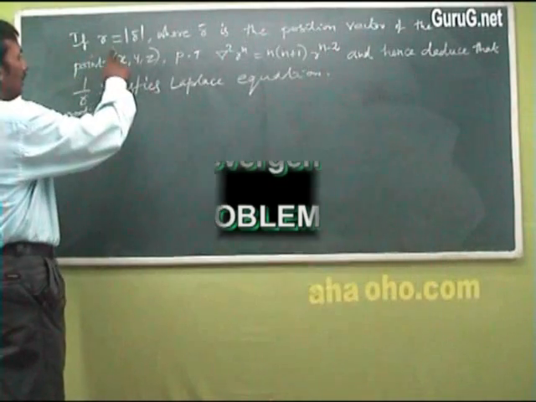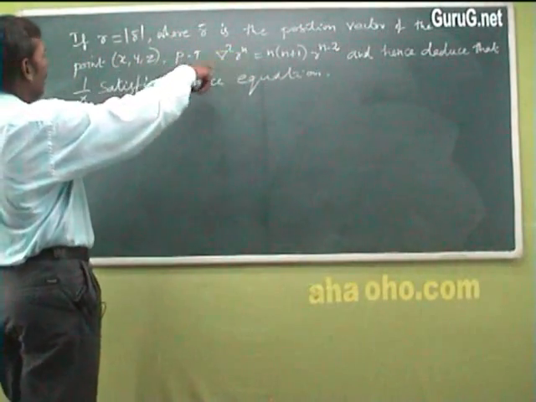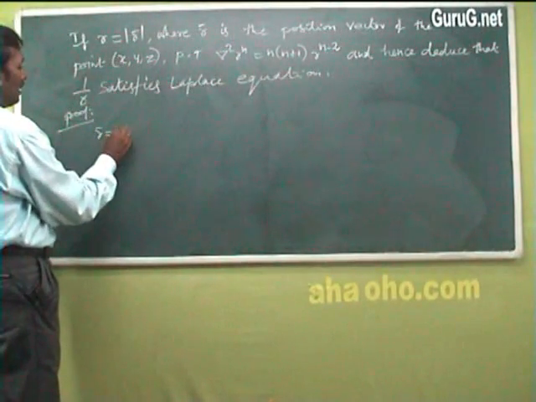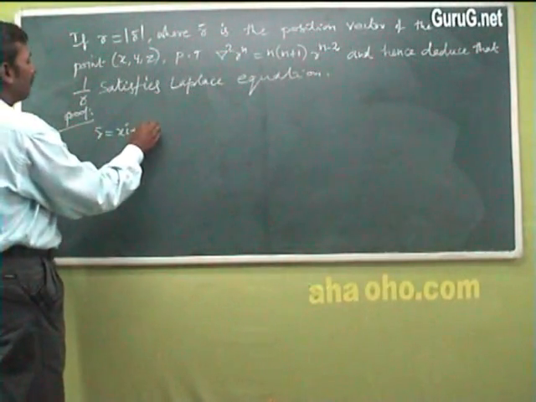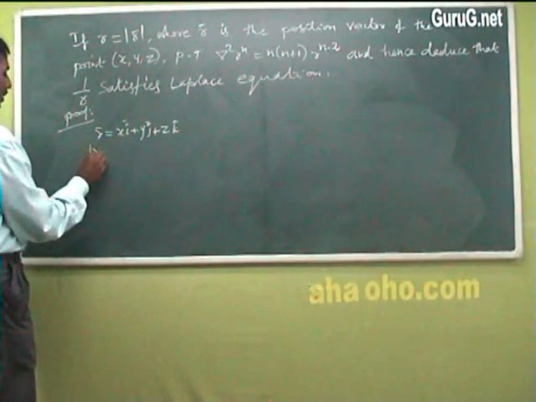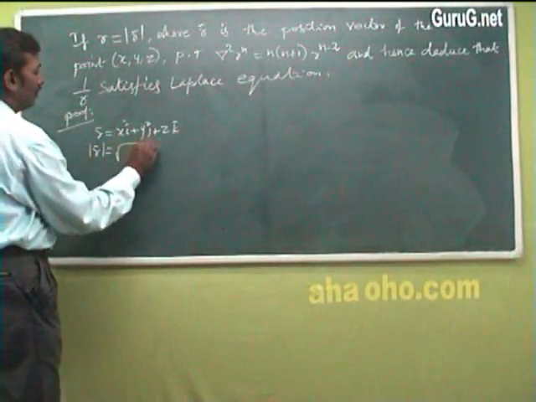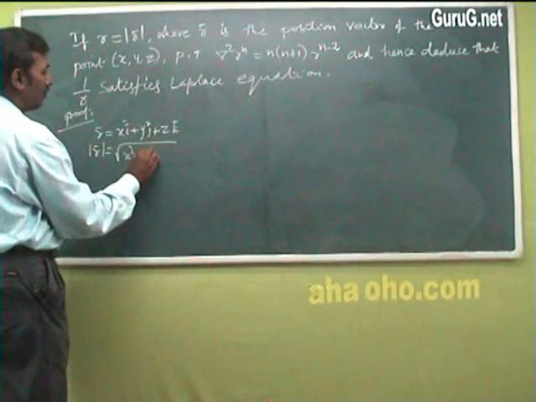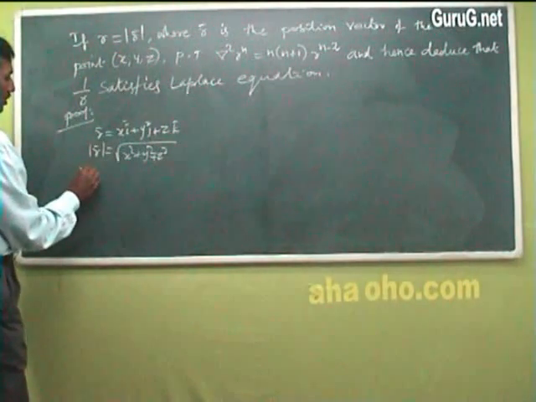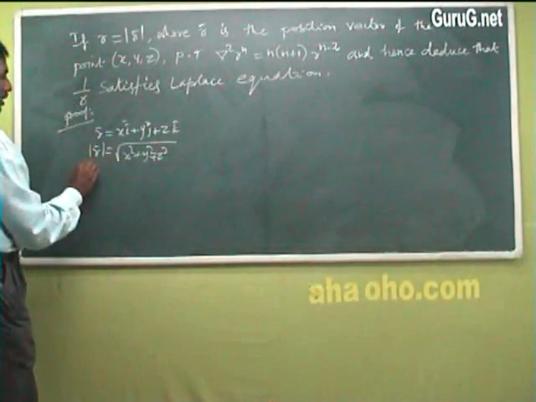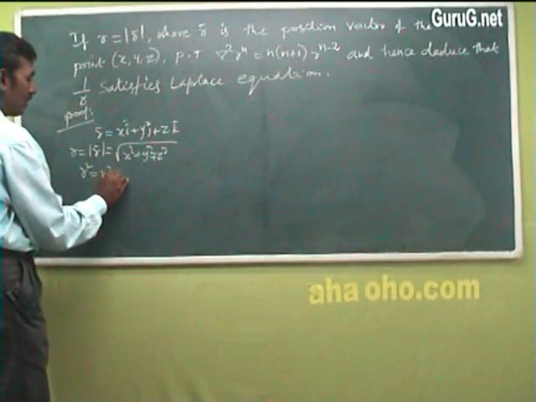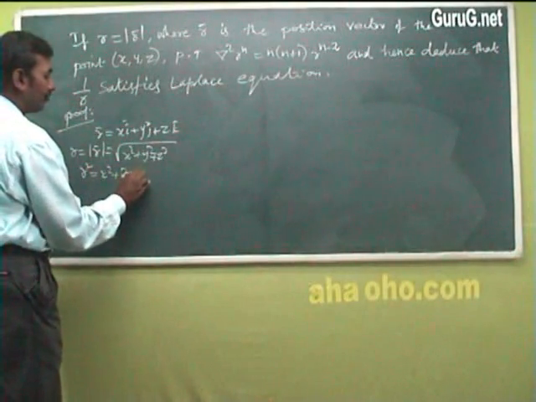Given r vector is the position vector of the point x, y, z, right? So r vector equal to xi plus yj plus zk. Then modulus of r vector, root of x squared plus y squared plus z squared, is equal to r, right? So r squared equals x squared plus y squared plus z squared.